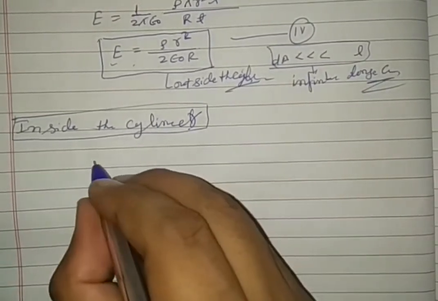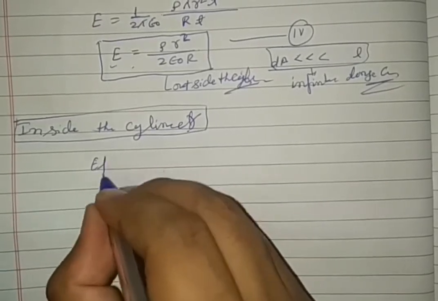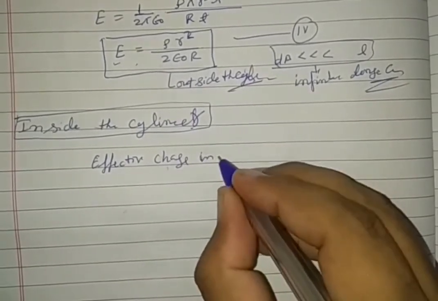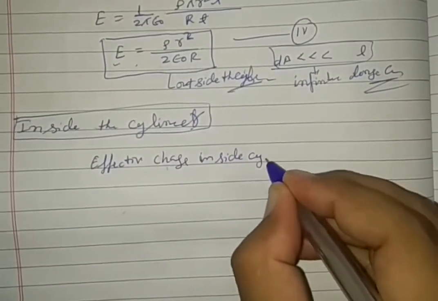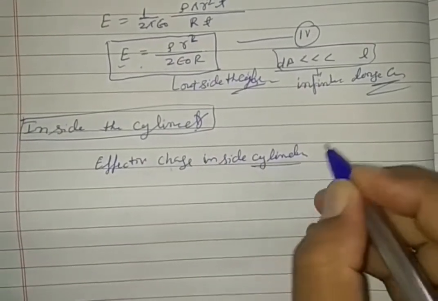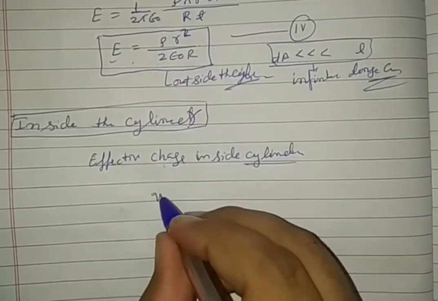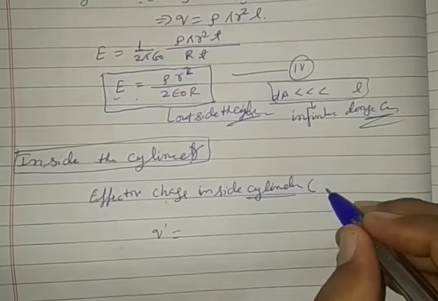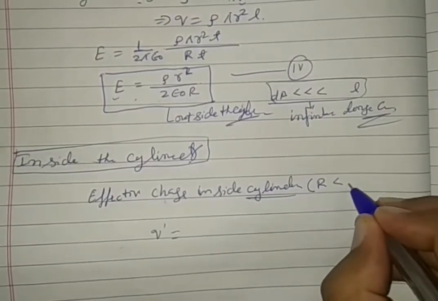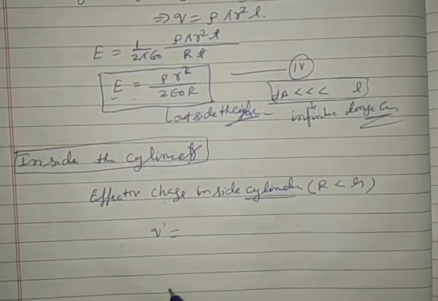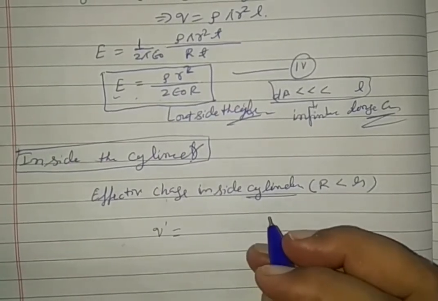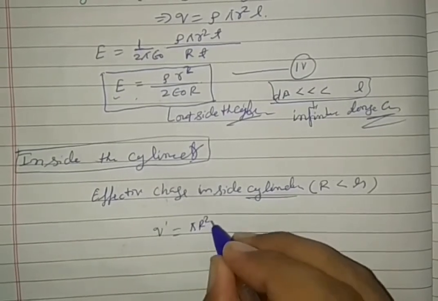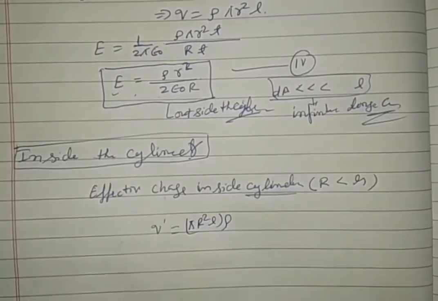So we will use the effective charge inside the cylinder, because we are considering the Gaussian surface inside. So inside the cylinder, it means that when the Gaussian radius r is less than capital R, the real cylinder radius, in that condition Q dash is equal to pi r square L into rho.